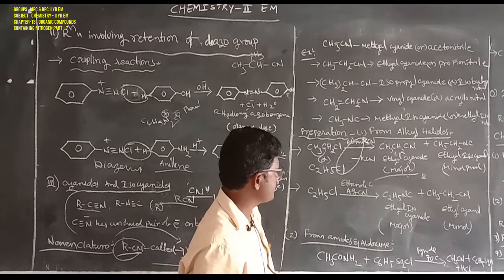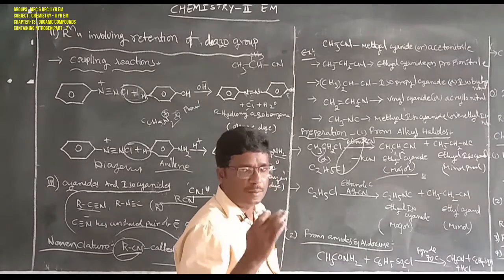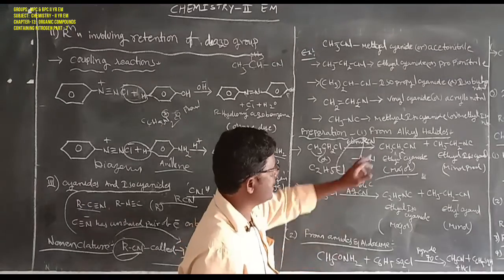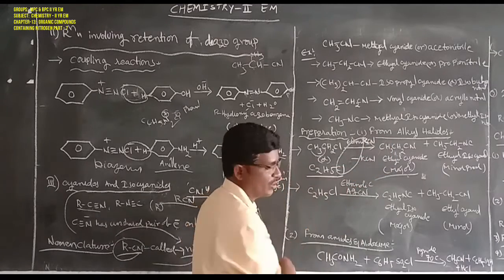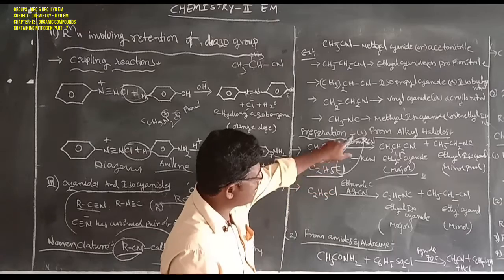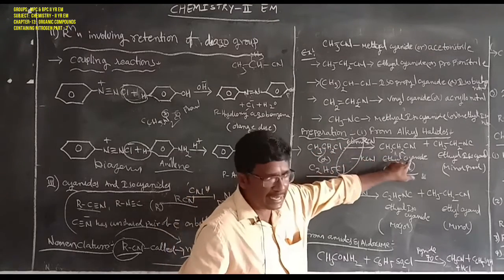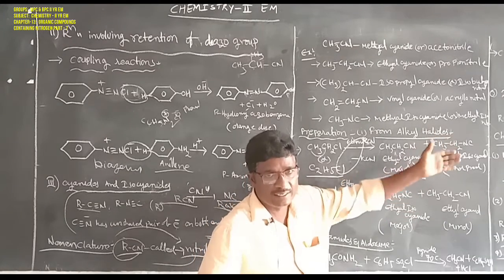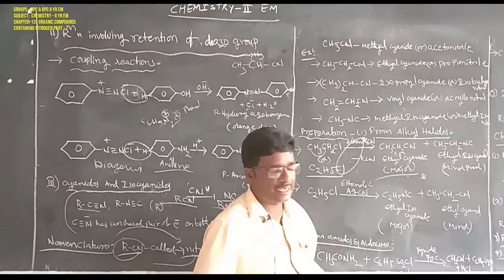Cyanides and isocyanides are prepared from alkyl halides, that is ethyl chloride. Ethyl chloride treated with ethanolic potassium cyanide forms ethyl cyanide as the major product, and ethyl isocyanide as the minor product. That is the preparation of cyanides and isocyanides.